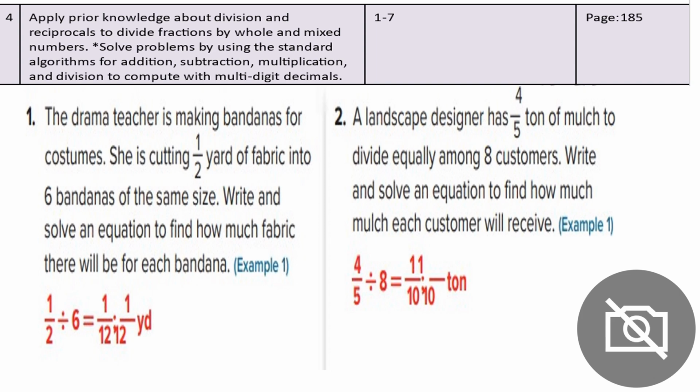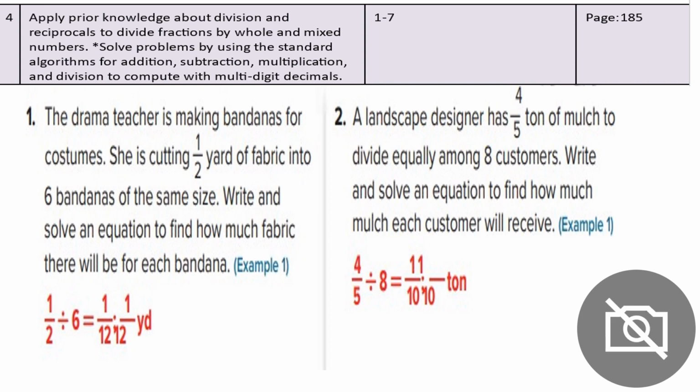So here you see the drama teacher is making bandanas for costumes. She is cutting half yard of fabric into 6 bandanas of the same size. Write and solve an equation to find how much fabric there will be for each one.